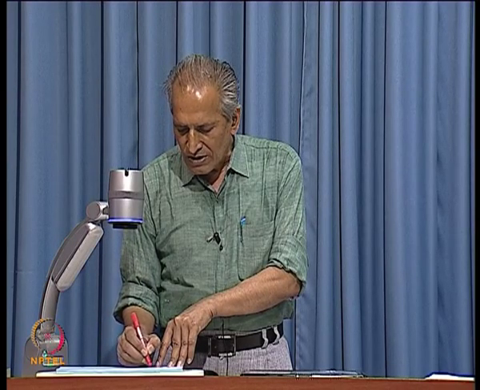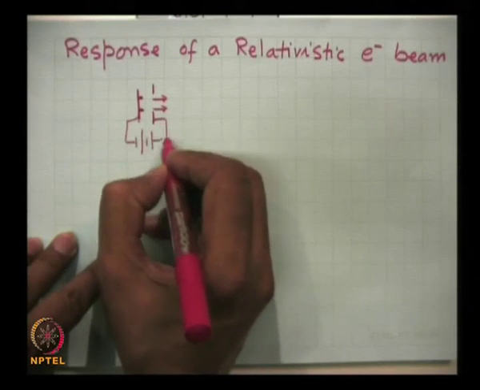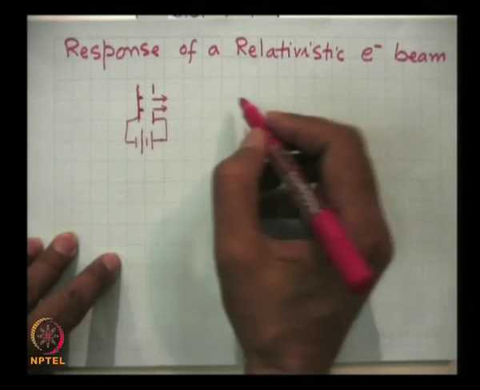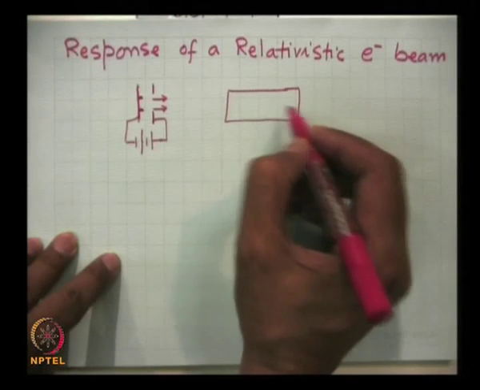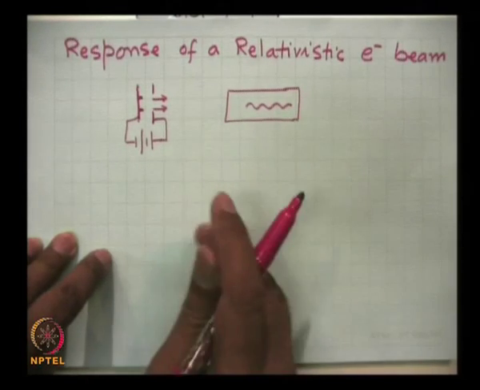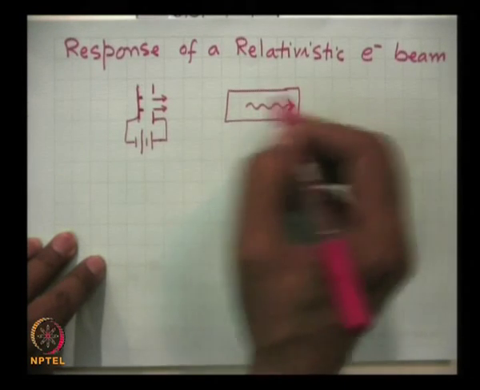So, this is actually a field emission diode, this is cathode, this is anode, and an electron beam is coming out, and we have a plasma somewhere and it's passing through the plasma, and I want to examine the excitation of a longitudinal electrostatic wave in the plasma in the presence of the beam.